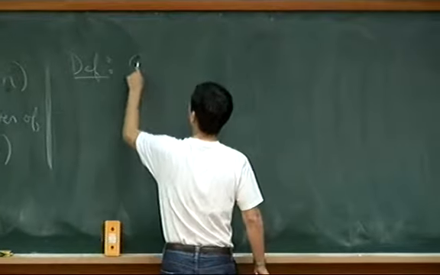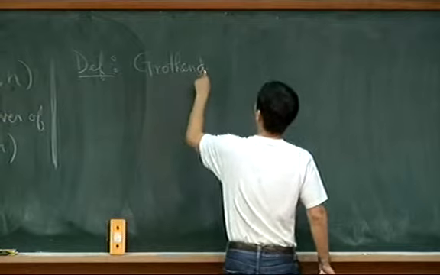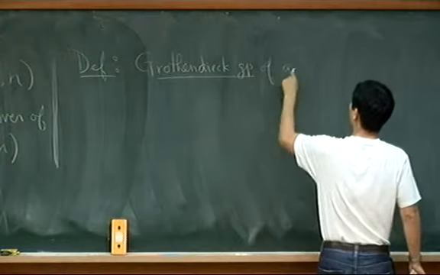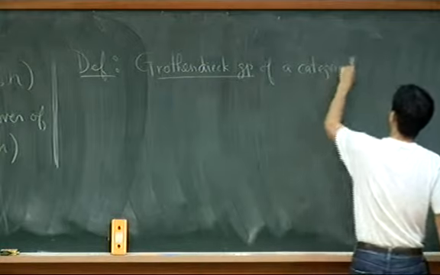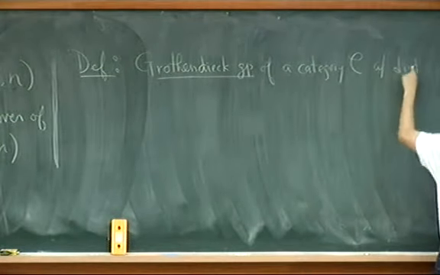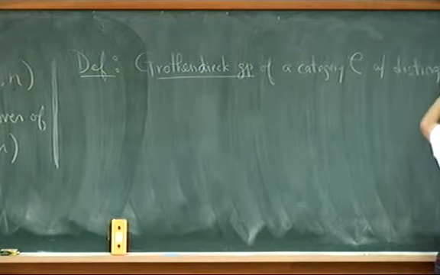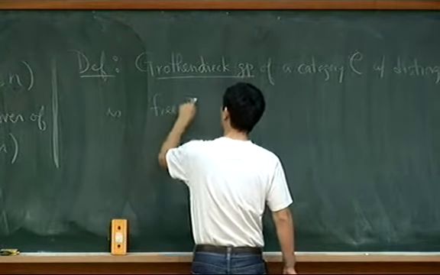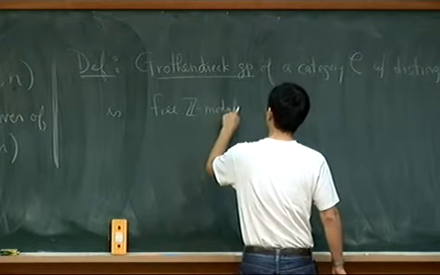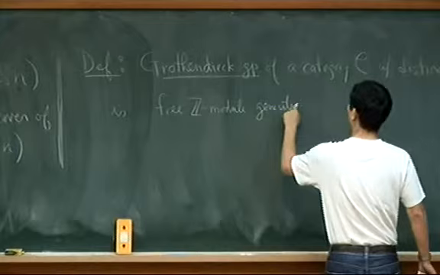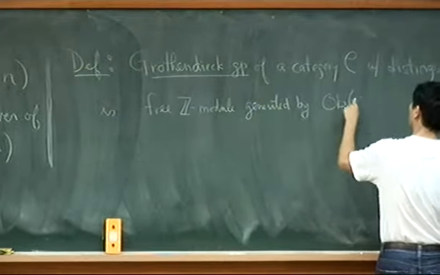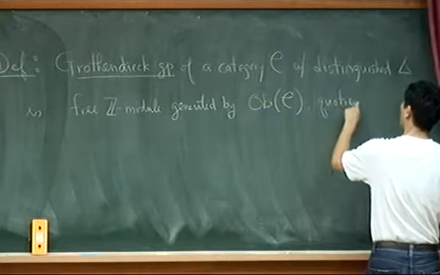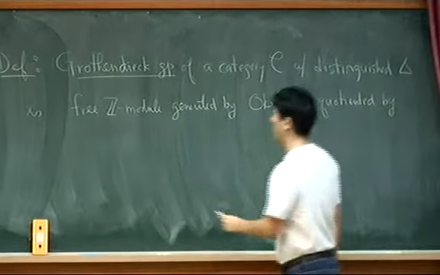So the Grothendieck group of a category C with distinguished triangles is basically just the free abelian group, the free Z module generated by the objects, ob of C, and then quotiented out by relations.